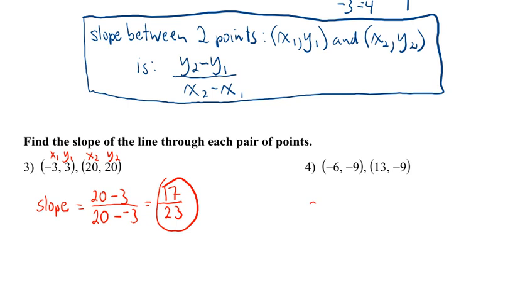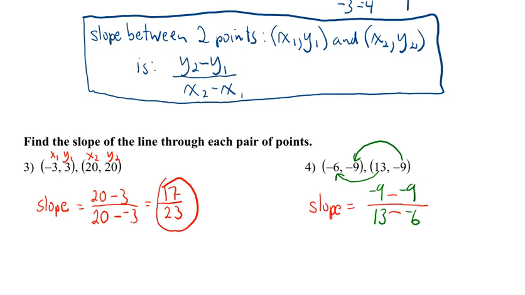Let's try another one, and then we'll check in and see how we're doing. So there's automatically subtraction. All right? And what I want to do, I want to subtract the two y's on top. Negative 9 minus negative 9 on top. 13 minus negative 6 on the bottom.